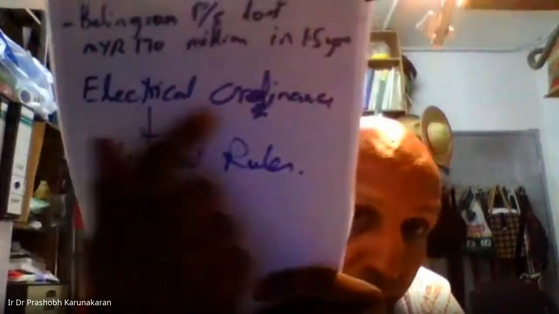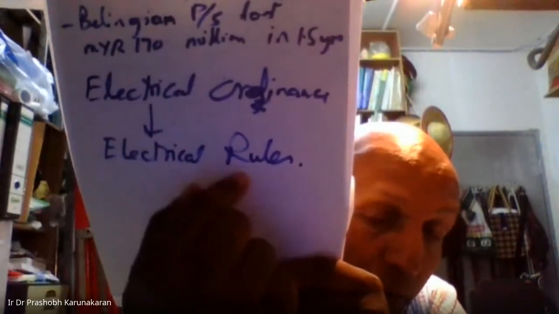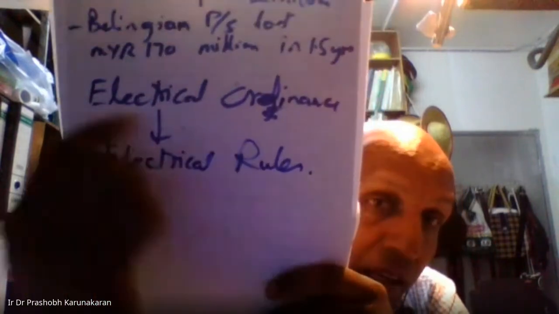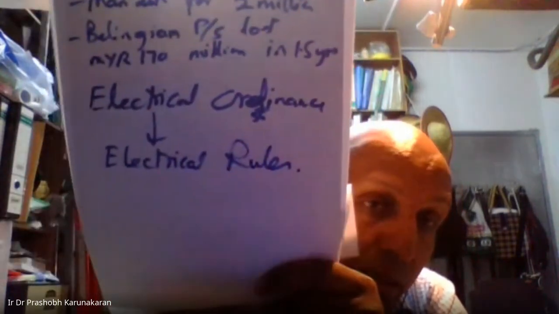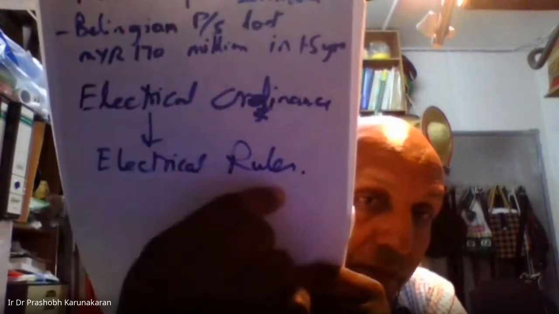Because the Electrical Ordinance is a big law, the rules are finer on how exactly you do it. Just now the question was how to take a foreigner, but for more detail, you go to the rules. You must remember this.